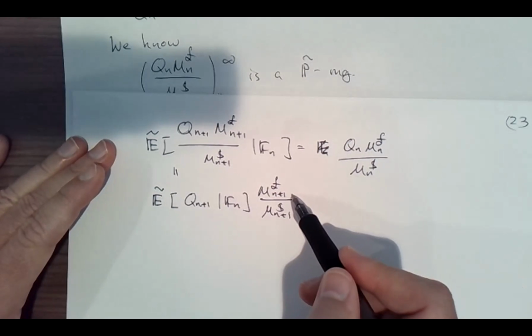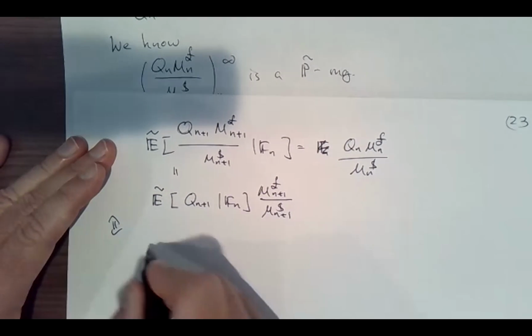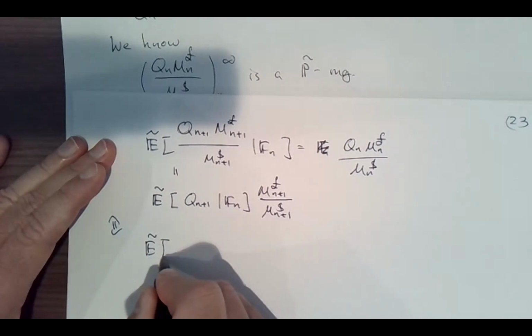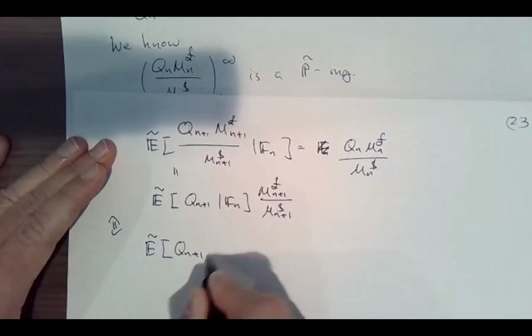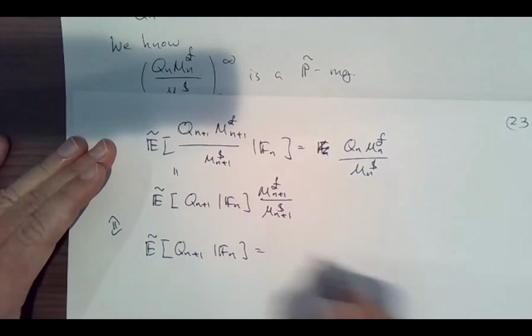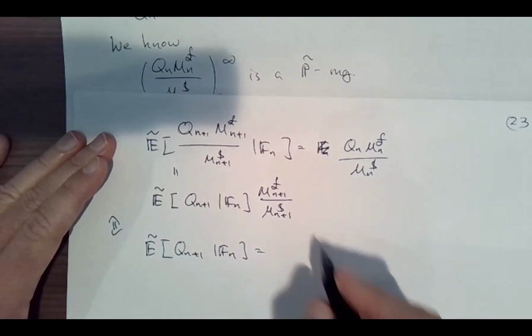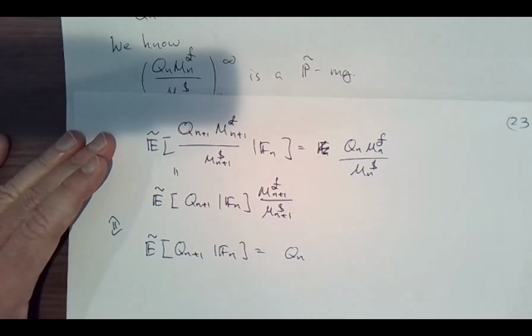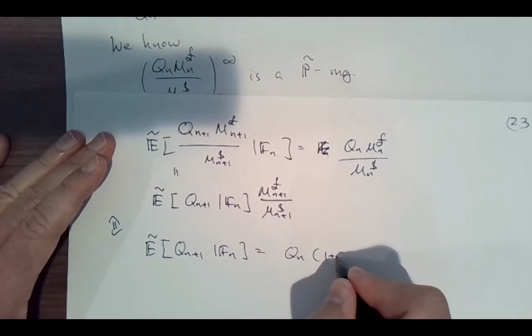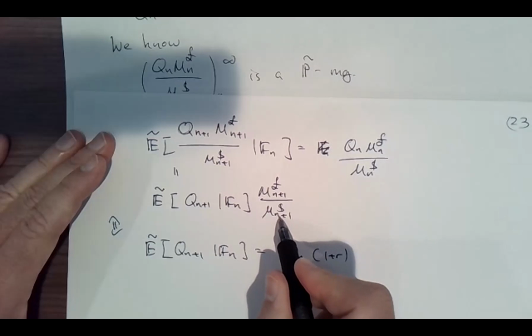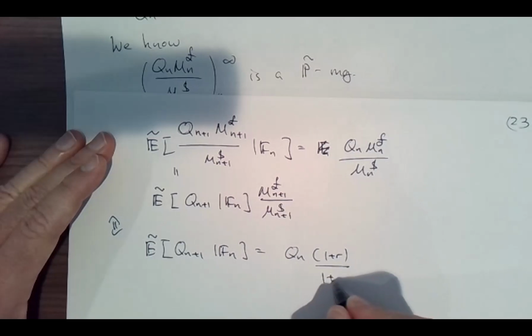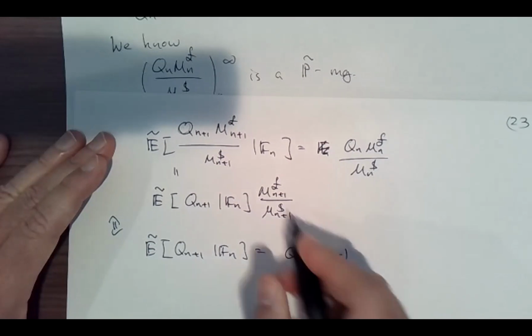I'll be able to say that this is the same thing as saying E tilde of Qn plus 1 given Fn. This would be the same thing as Qn, and then I need 1 plus R coming from down here divided by 1 plus R pound coming from up here.